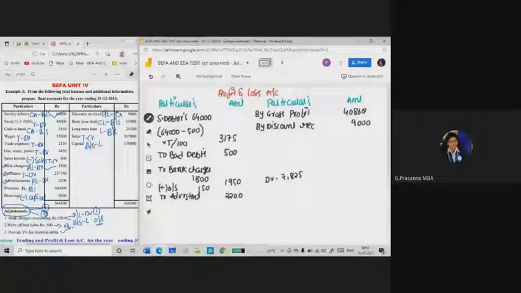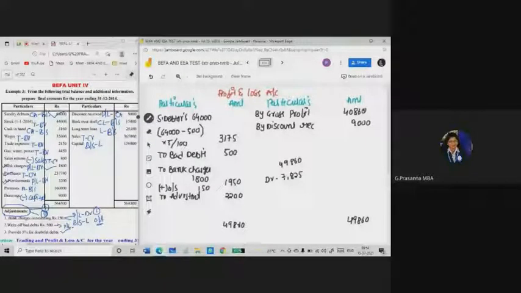Okay, credit side total 40,860 rupees plus 9,000. Okay, you are getting here 49,860 rupees. So what we will be doing here, the highest amount we will be writing in the equal column. So here I will be writing 49,860 rupees in the debit column and 49,860 rupees in the credit column.